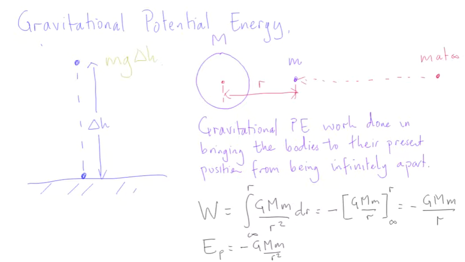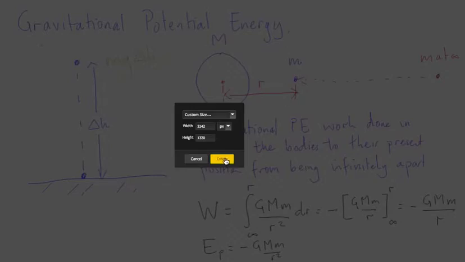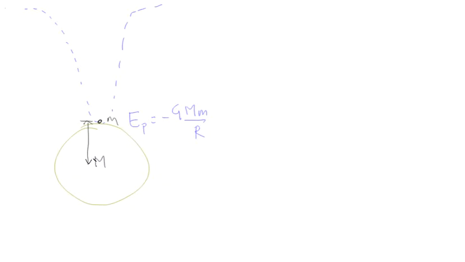Another way of thinking of this is, if I have a new slide, if we have the surface of the Earth, and we imagine a mass little m on the Earth of mass big M, then we can imagine little m sitting in what's called a potential well, and when it's at the bottom of this potential well, it has gravitational potential energy minus big G M little m over R, where R is the separation between the centres of the masses.